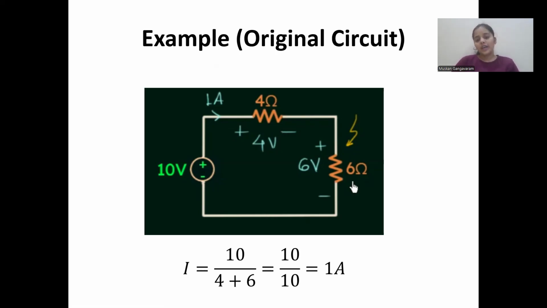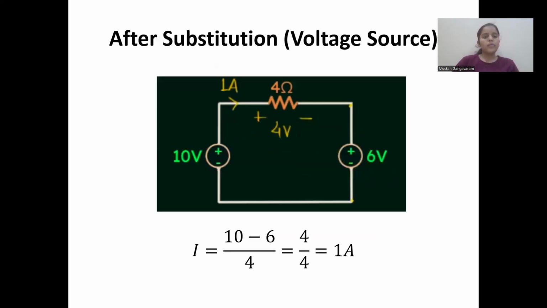Now let us try replacing this 6 ohms resistor with a voltage source and a current source, and let us check if the parameters change or not. This is the circuit when we replace the 6 ohms resistor with a 6 volts voltage source. Now we calculate the current in this circuit as 10 volts minus 6 volts by 4 ohms.